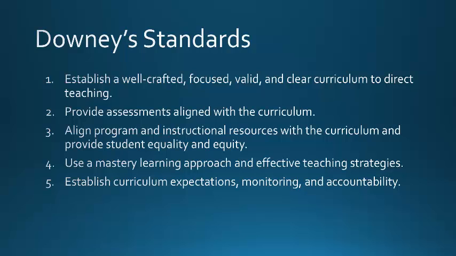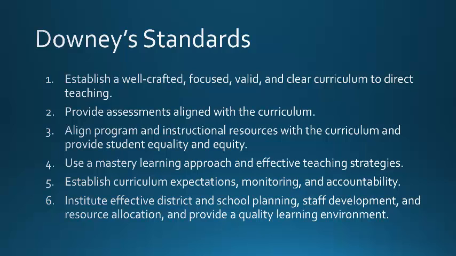How is it going to be monitored, and how are teachers going to be held accountable to it? And then finally, the sixth standard looks at planning, but it moves to a district level, and so this is where you would need to garner district support. Institute effective district and school planning, staff development, and resource allocation, and provide a quality learning environment.